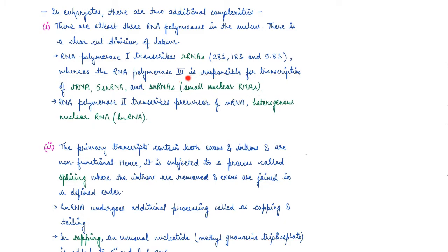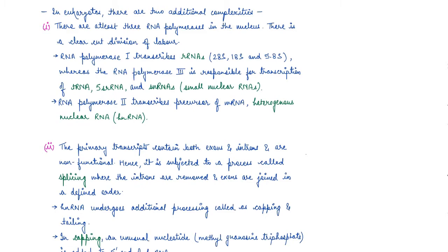So the first one is responsible for ribosomal RNA, the third is responsible for transfer RNA and small nuclear RNAs, and then we have two. RNA polymerase 2 transcribes the precursor of mRNA, which is hnRNA, heterogeneous nuclear RNA. So now the function of all the three polymerases is clear.